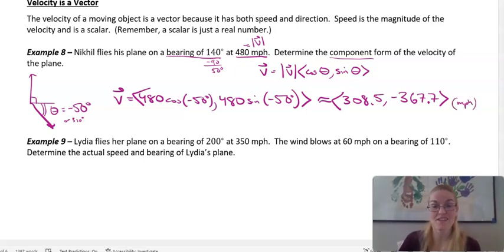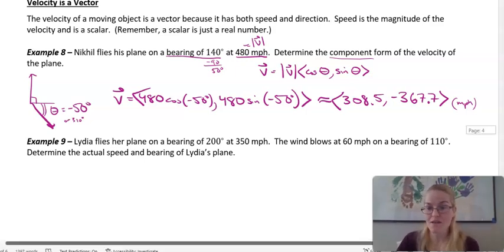So he is traveling 308.5 miles per hour to the right horizontally, and he is traveling 367.7 miles per hour south, essentially negatively going down. So this negative gives us the direction, down instead of up. So that is the component form of the velocity of his plane.